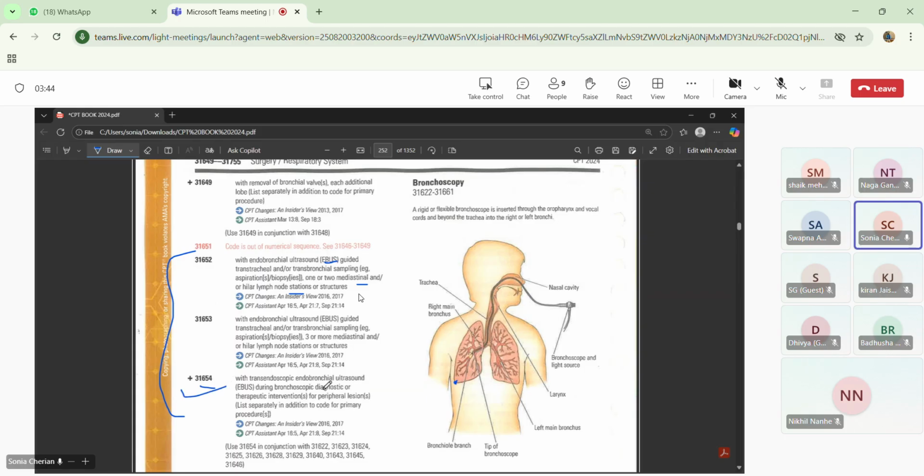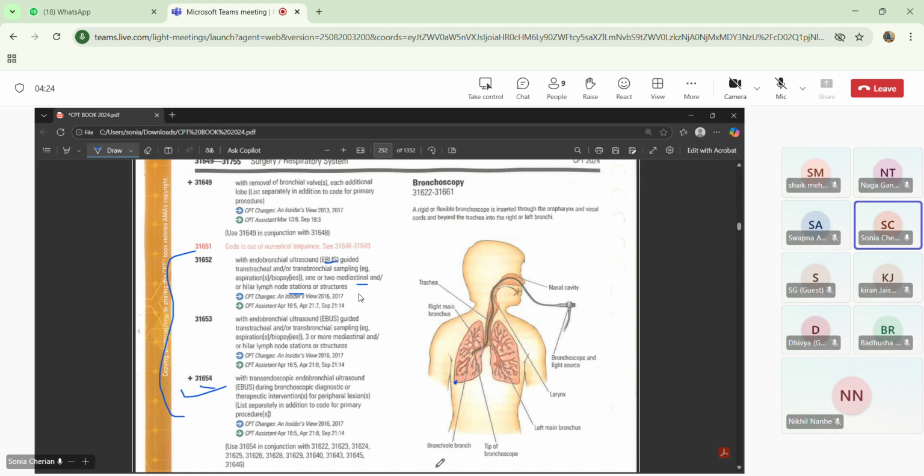They will ask you in the interview what is EBUS, what do you understand by EBUS, and what is done in EBUS. They'll ask, EBUS is done to locate or to biopsy which part of the lungs? So you can say that EBUS is used when they are taking any aspiration or biopsies from the lymph node stations. The lymph node system is divided into 14 stations and 7 zones.